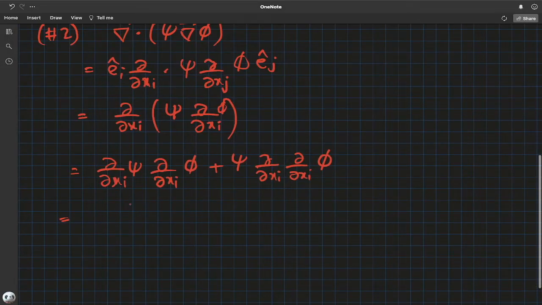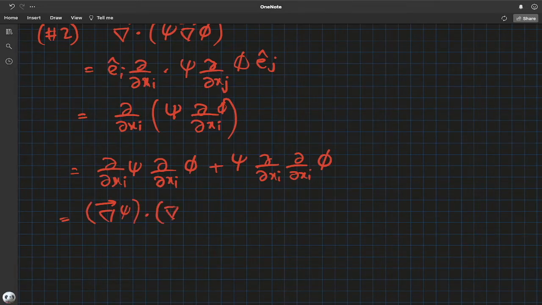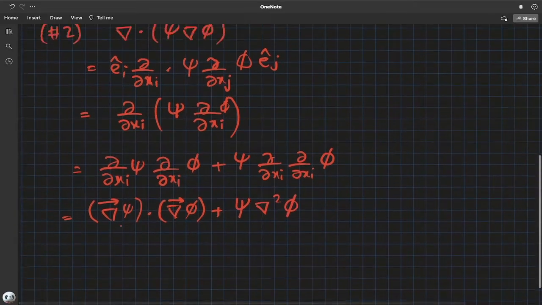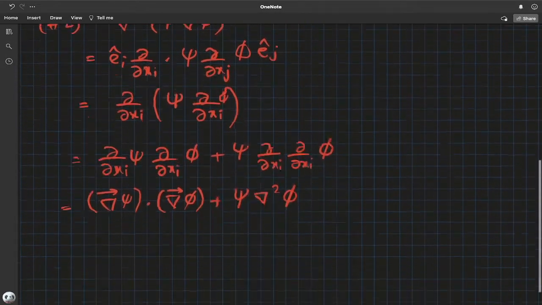This first guy is, if you notice closely, gradient of psi dotted with the gradient of phi plus psi times the Laplacian of phi. That's what this second guy is.